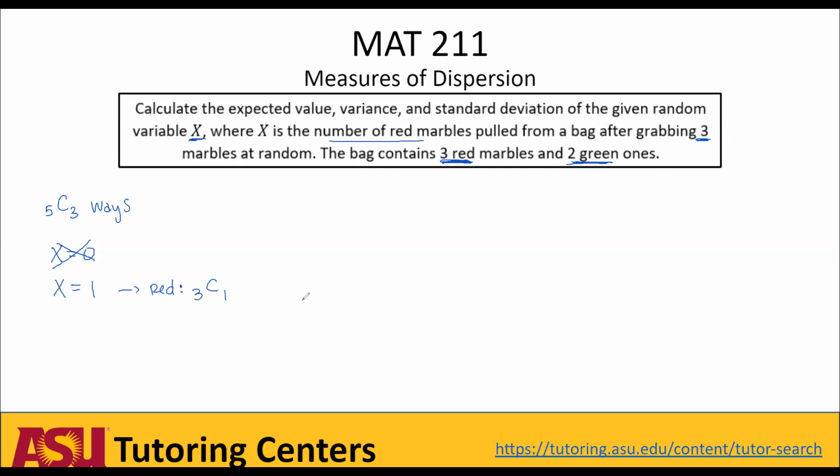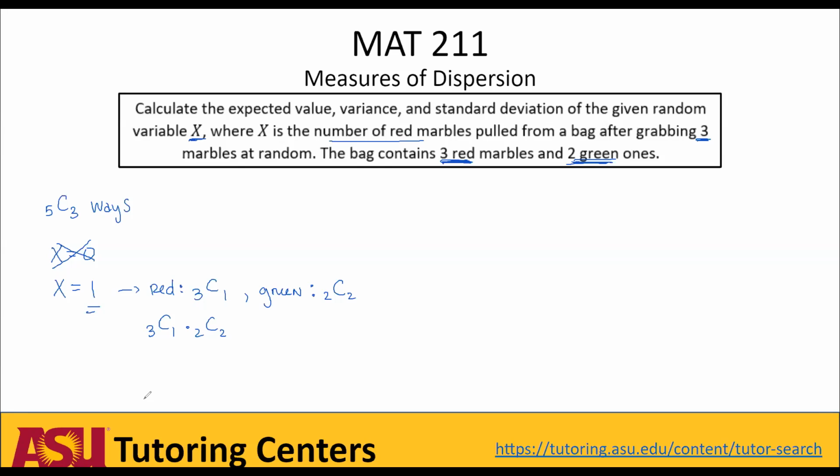There are 2 green marbles and we're going to grab both of them, so that gives us 2 choose 2. So there are 3 choose 1 times 2 choose 2 different ways that we could grab our one red marble out of the bag.